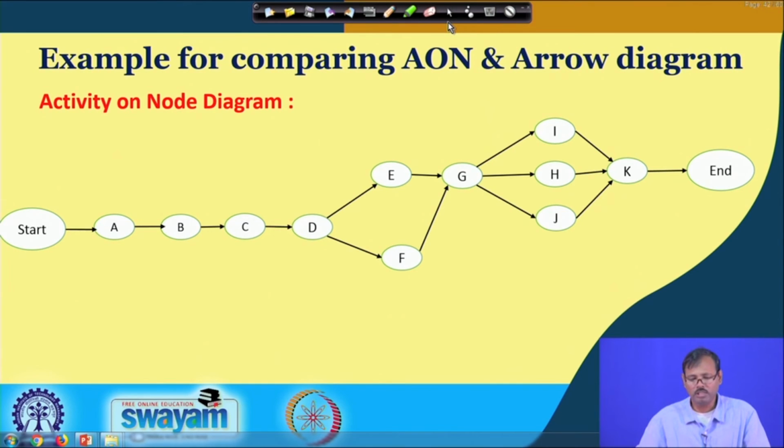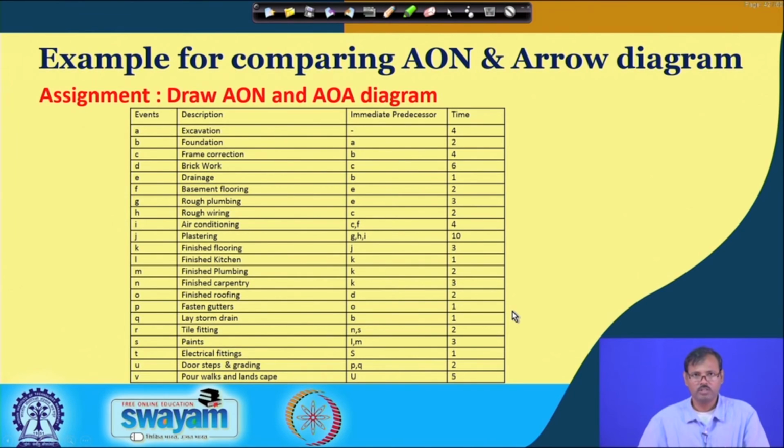So, let us give you one example for the construction industry as it is available to you now. This is a very long one, you can say A, B, C, D up to V, and those jobs and durations are there, and you have to complete this by yourself at home. You can say this is your home assignment.